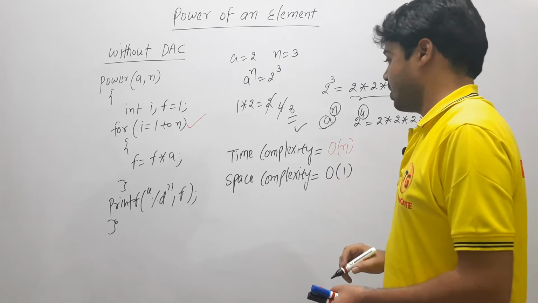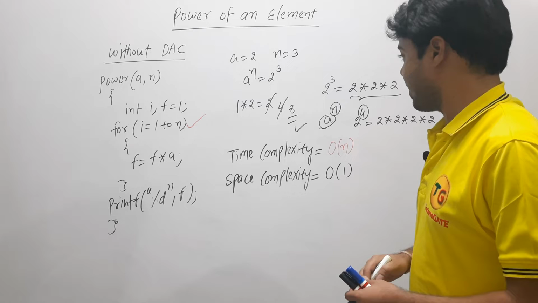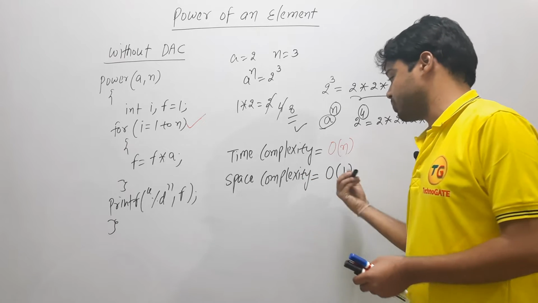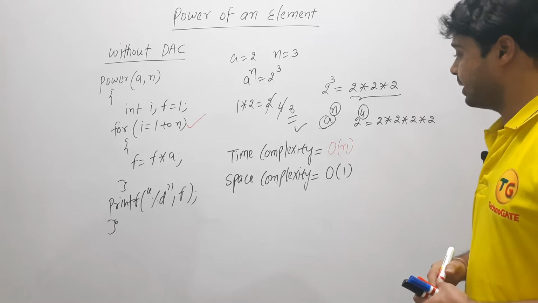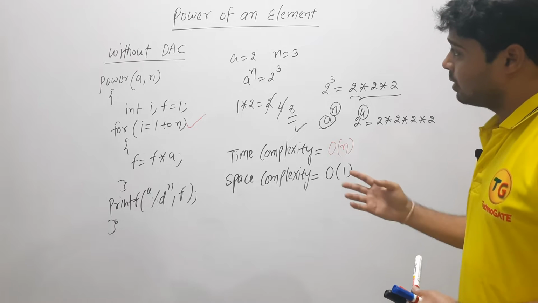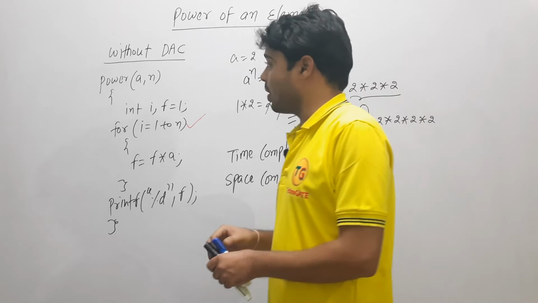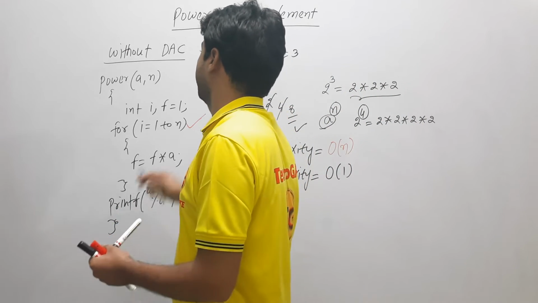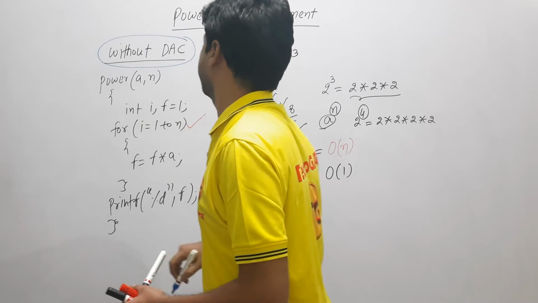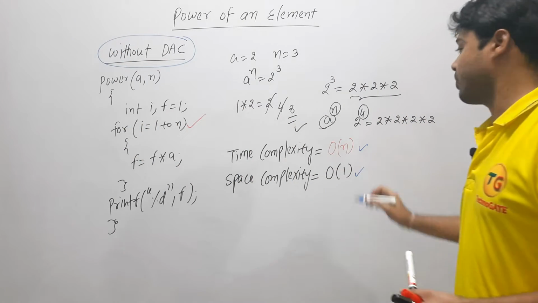Order of 1 space is required here. Okay, so time is order of n, space is order of 1 here. This is without divide and conquer. No recursive calls are there.